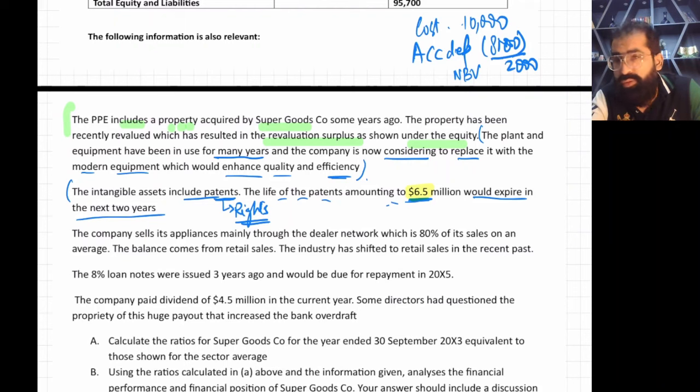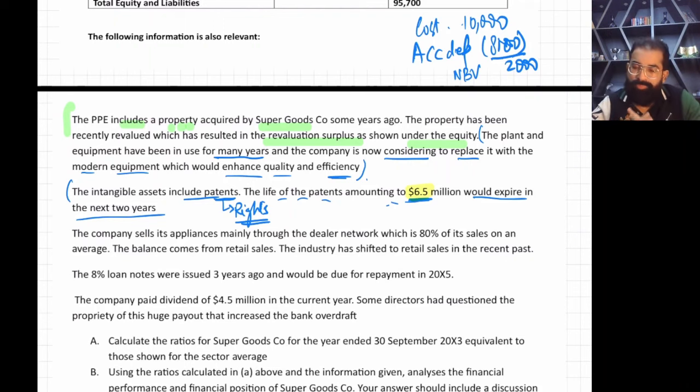So there are no such hints. That means after 2 years you will no more have these patents. So how will you produce new technological products? That's going to be a nightmare for your business, a going concern issue. You can write this in your solution, right?